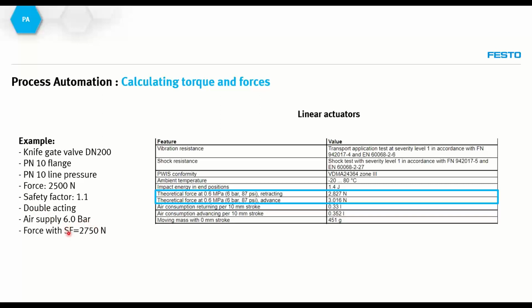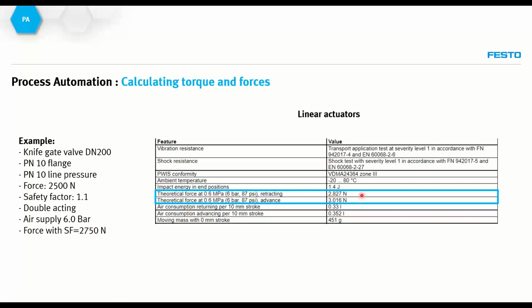If we consider the safety factor, we end up with 2,750 Newton as the force requirement to operate this knife gate valve. So to operate this knife gate valve, we need 2,750 Newton.